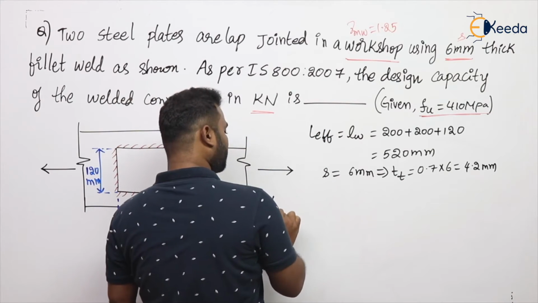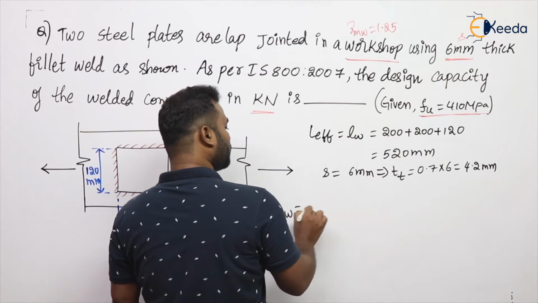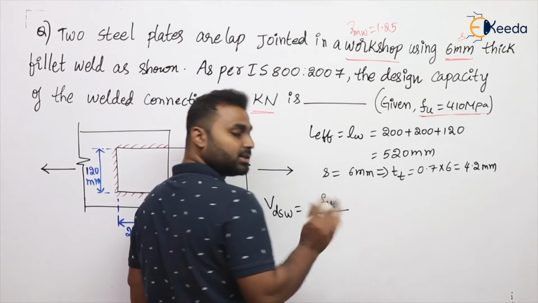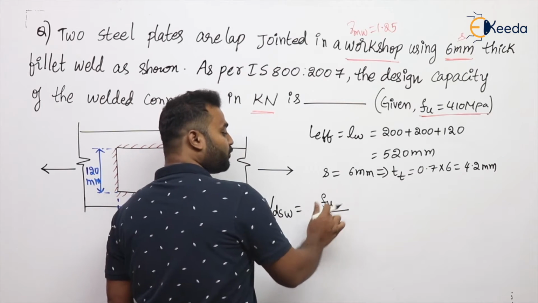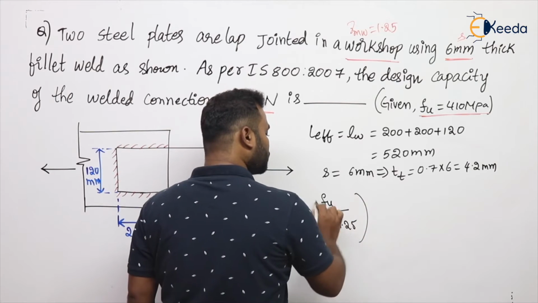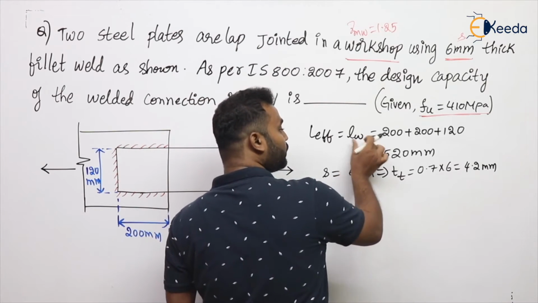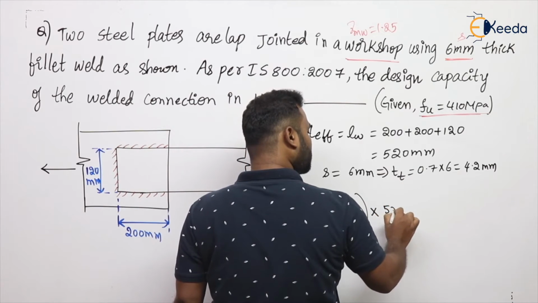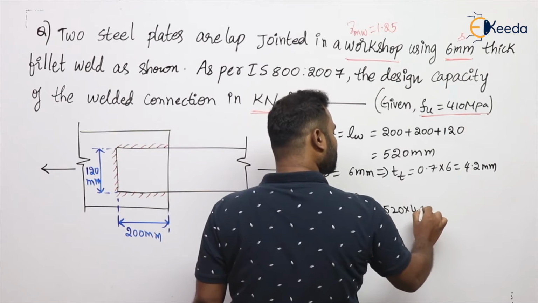So we represent that with V_dsw. The allowable stress in fillet weld is our design stress. Design stress in fillet weld is f_u by √3 into 1.25, into area. What is that area? L_w into the throat thickness. So 520 into 4.2.